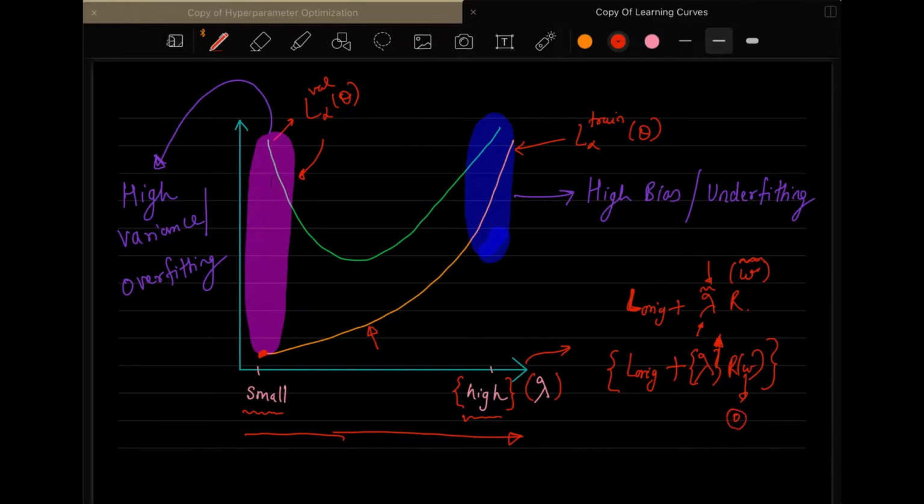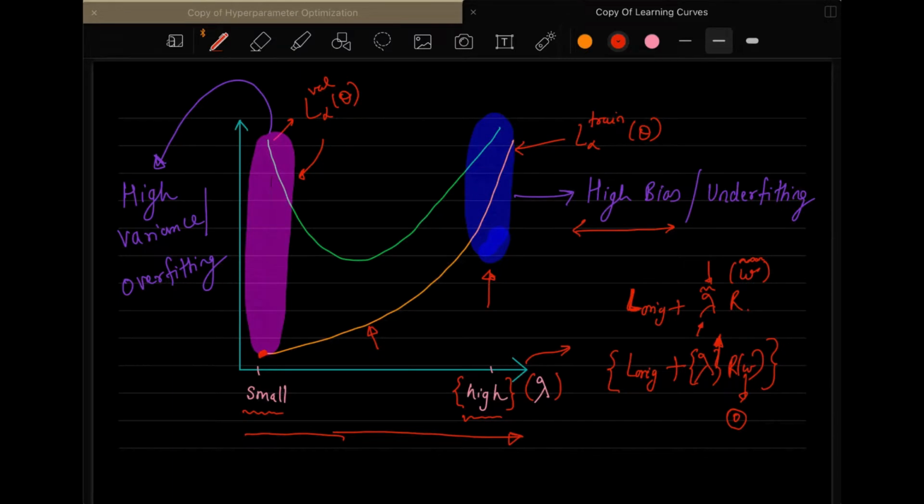So most of the parameters of the decision boundary, that is the trainable parameters, which are W and theta, will go towards 0. If they go towards 0, your boundary will become a very simple boundary. It will not be a complex boundary like it was earlier. When it becomes very simple, you are entering into a biased region. So this situation shown over here is a high bias situation where your training as well as the validation loss will be high.